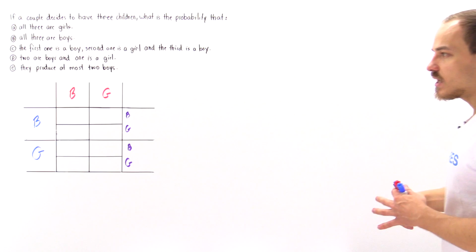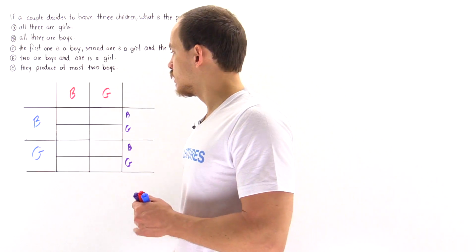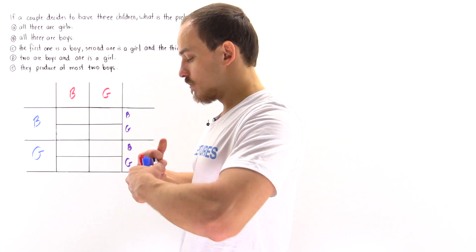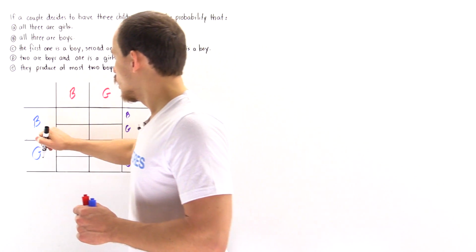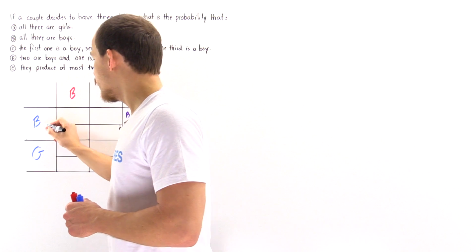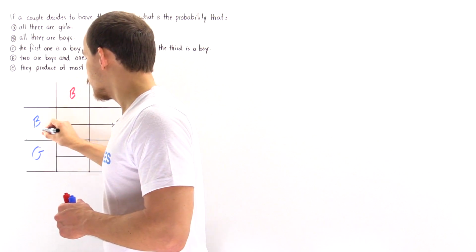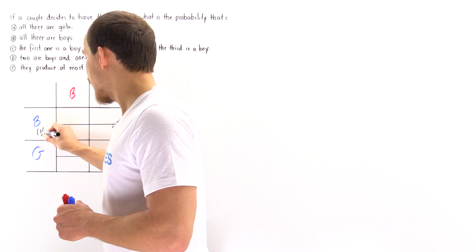Now, let's actually write out the fractional probability of each one of these events actually taking place. So we have a 1/2 probability of this being a boy. So let's write 1/2.